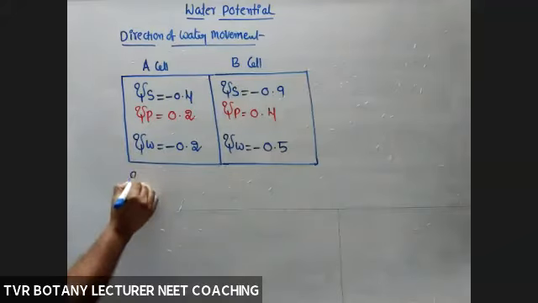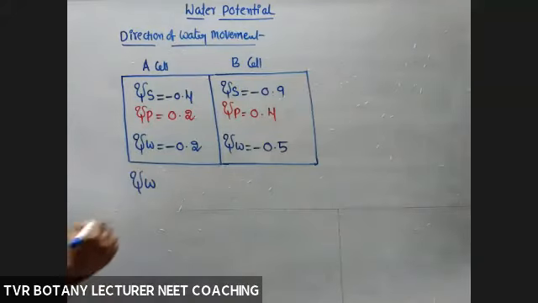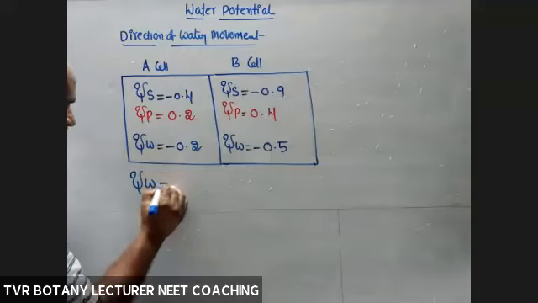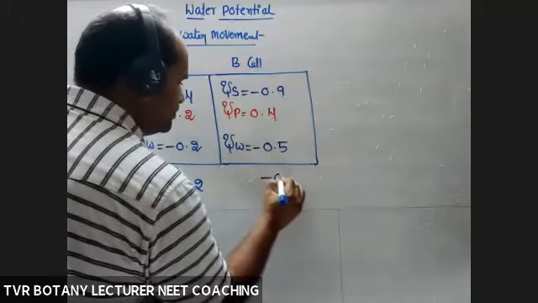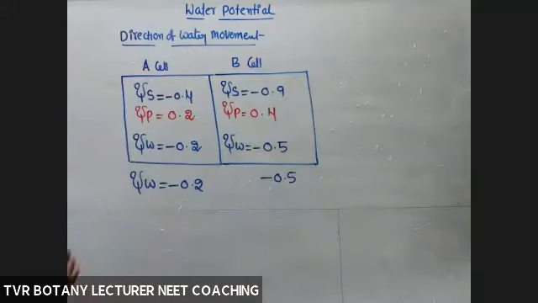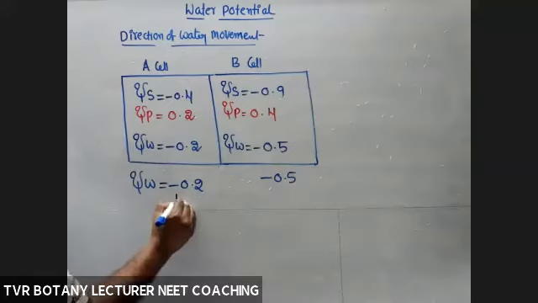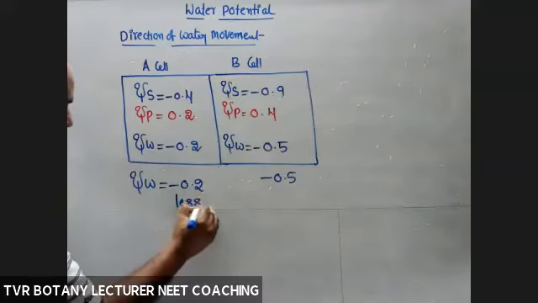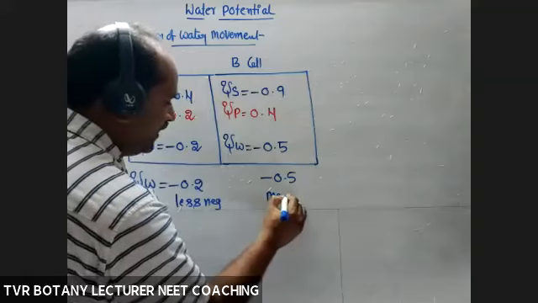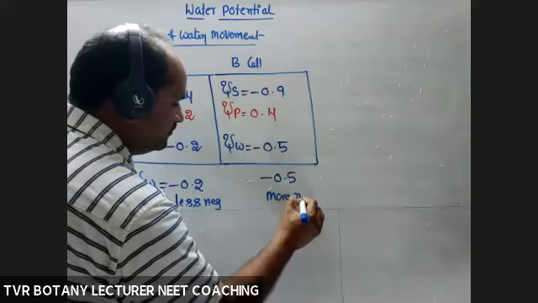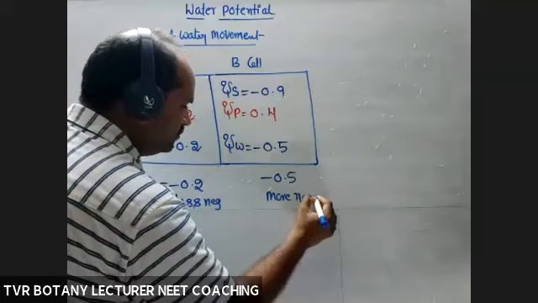So psi W value is minus 0.2 here, minus 0.5 here. Is psi W less negative or not? This one is less negative, this one is more negative, far away from the zero value.